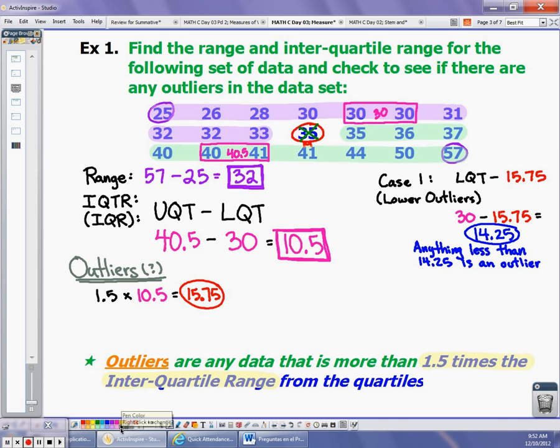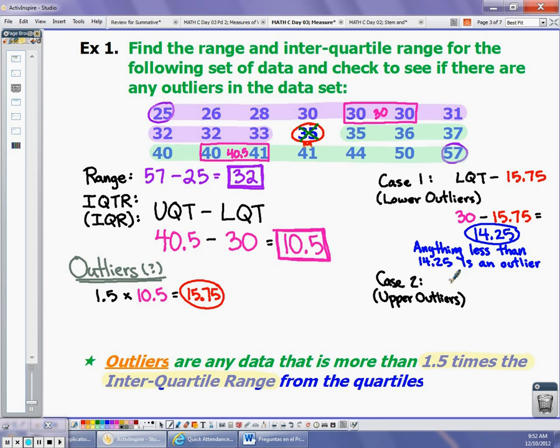Now I'm just going to check to see if I have any outliers on the upper half. So let's do case 2. So this is going to check to see if I have any upper outliers. I'm going to do basically the same thing, except it's slightly different. In the lower outlier, what we did is we did our lower quartile minus 15.75.